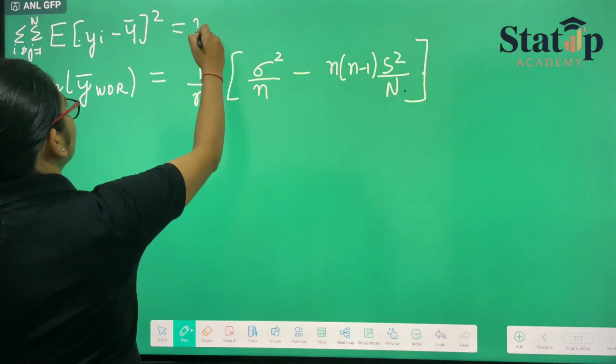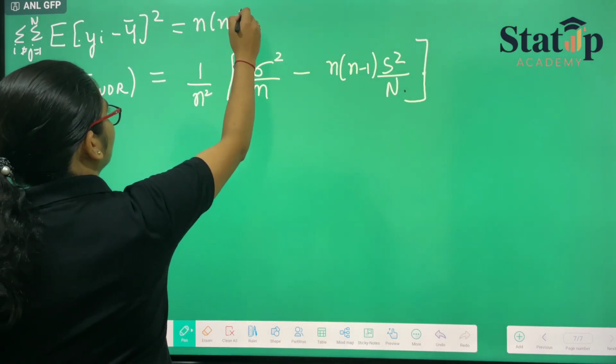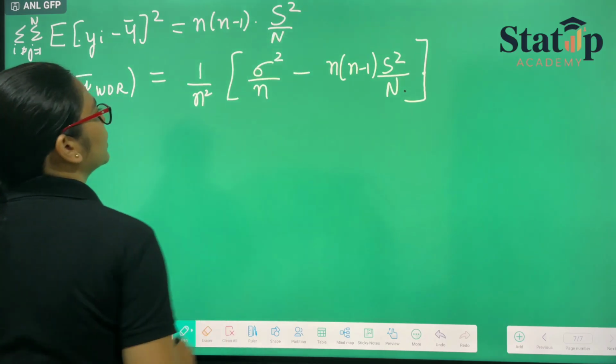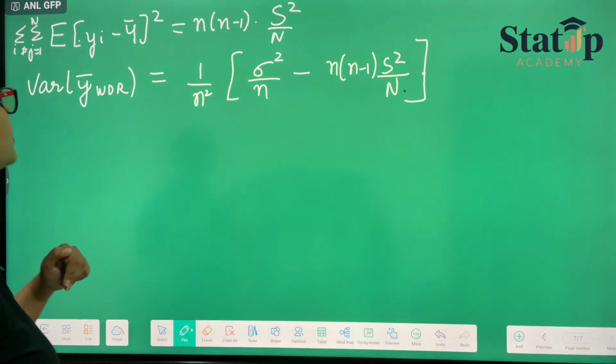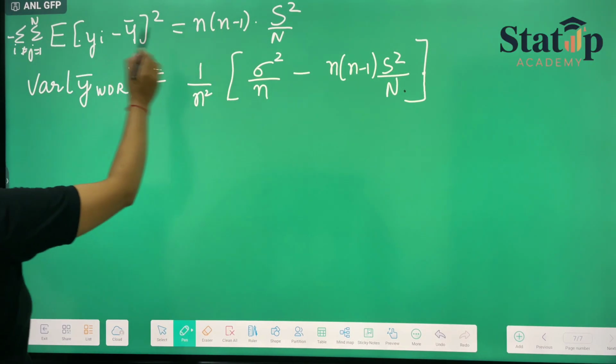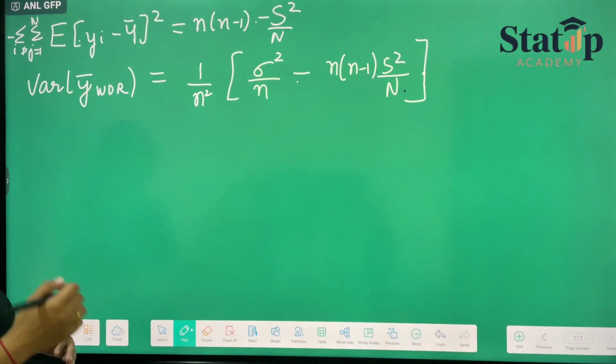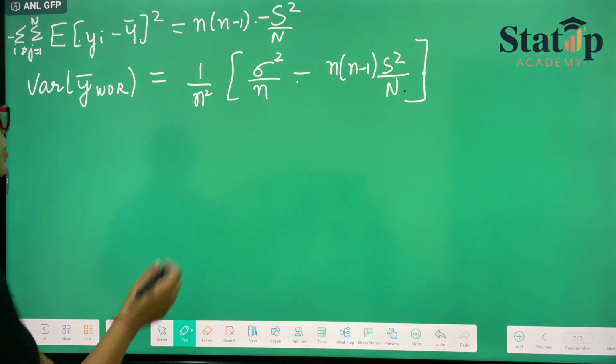Here this term is n minus 1 into capital S square upon capital N. So we have substituted this, and this also has a minus sign, so we have put the minus sign here. Plus has been removed and minus has been included.